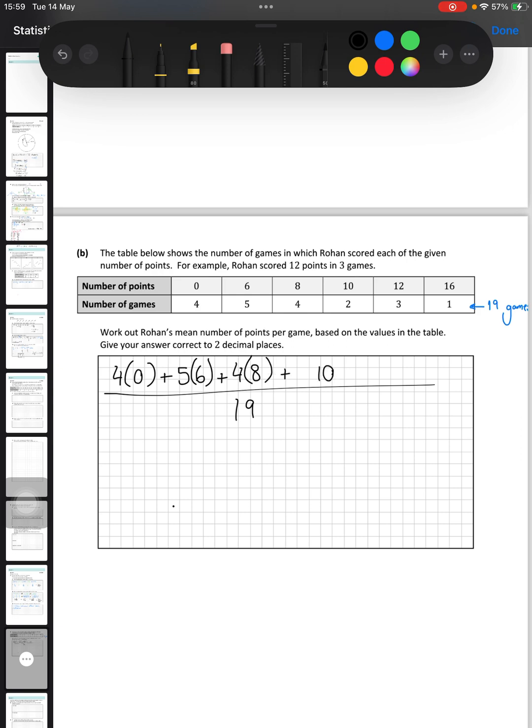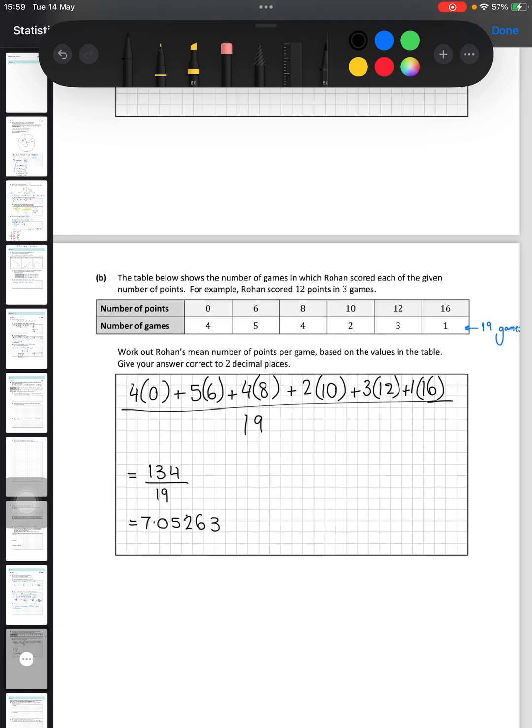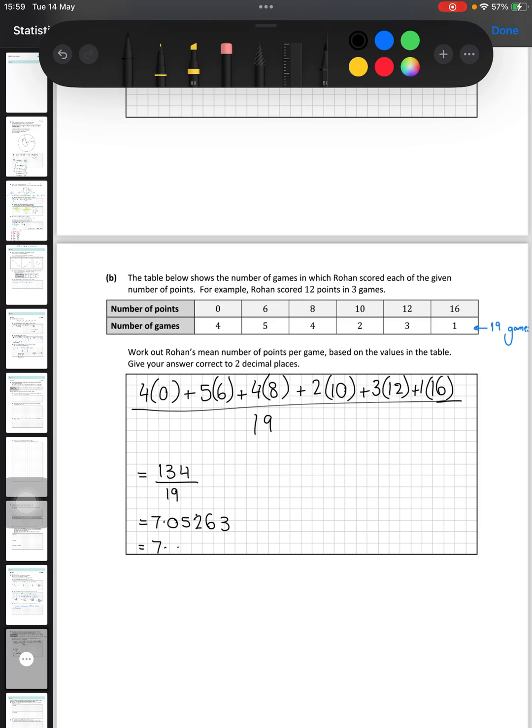Okay, 10 is being counted twice. 12 is being counted 3 times, and 16 is being counted once. Okay, so I am adding 19 things together there so that I get 134 over 19. So 7.05263. And it says to 2 decimal places, so 7.05.